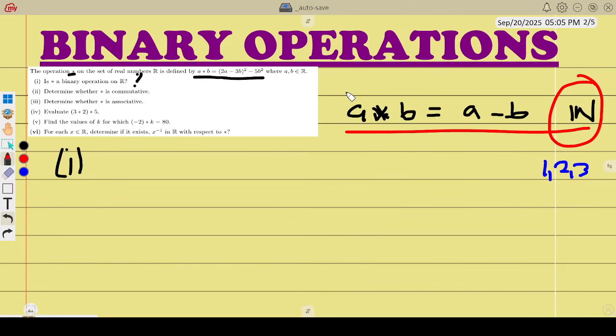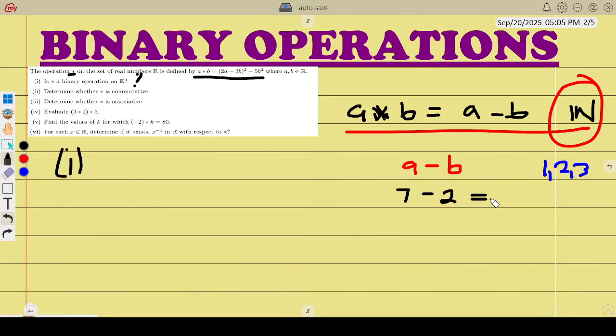For you to determine whether it's binary, you have to think, okay, my operation is A minus B. So when I put in a natural number here, let's say for example 7, and I also put another natural number, maybe 2, the answer should still remain a natural number.